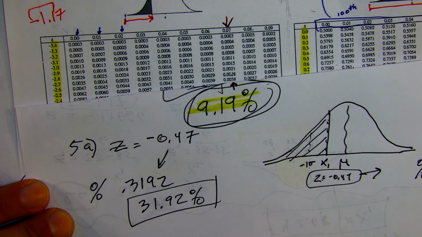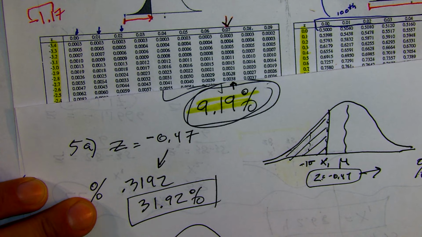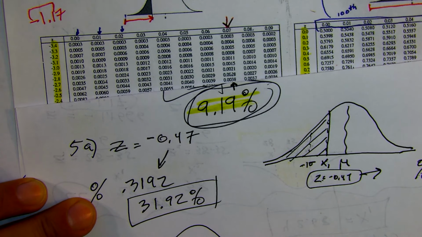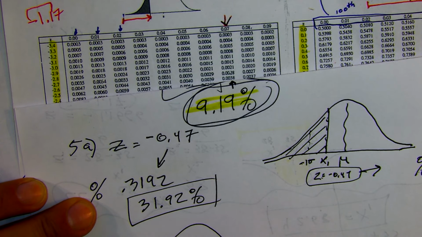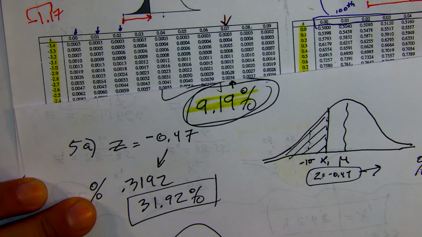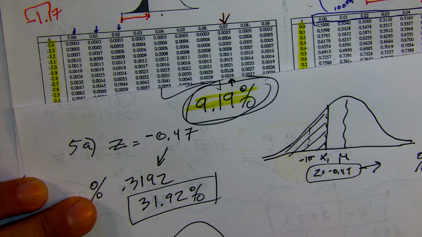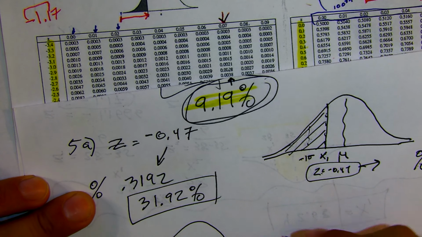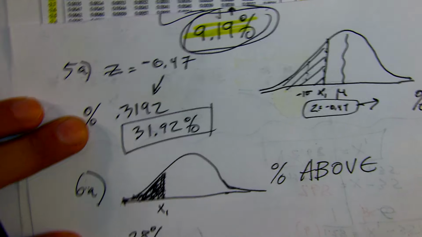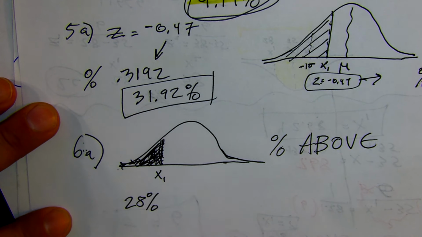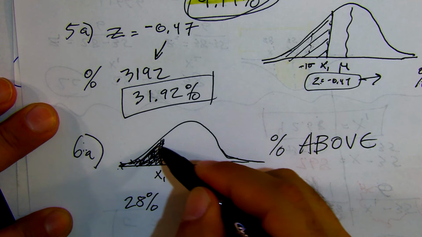Number 6 says what percent above? That's the main difference. What percent above? So with number 6, x sub 1, whatever they're giving us, if that's 28% and they're asking the percent above, all you have to do is subtract that from 100 and you get 72. So this part is 72%. That's the only difference for number 6. That's probably going to help you do those problems.